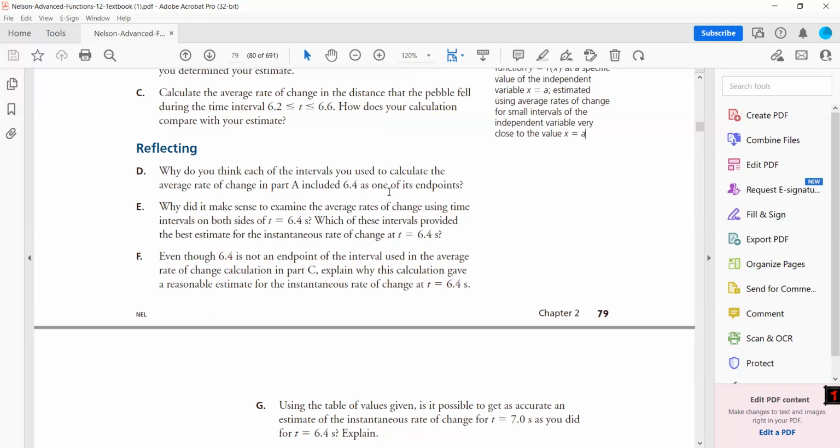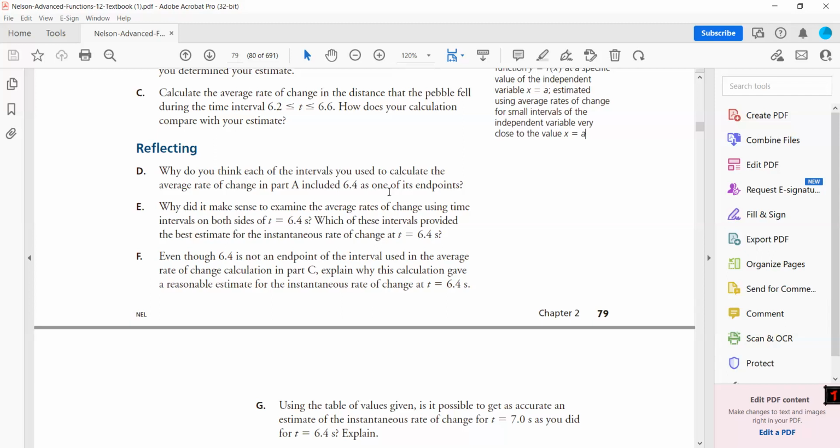Why did it make sense to examine the average rate of change using time intervals on both sides of t equals 6.4? Which of these intervals provided the best estimate for the instantaneous rate of change at t equals 6.4?